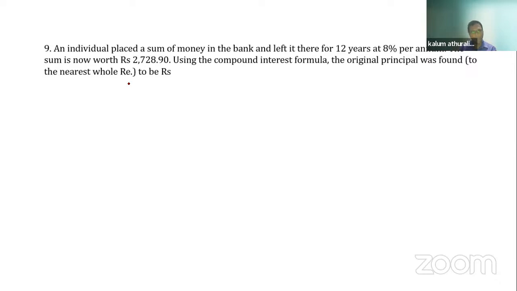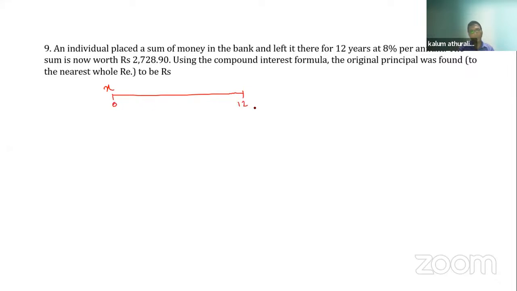The sum is now worth 2,728.90. Using the compound interest formula, the original principal was found to be this. Principal means the initial amount. How much did you deposit? You deposit some amount and leave it for how many years? 12 years.